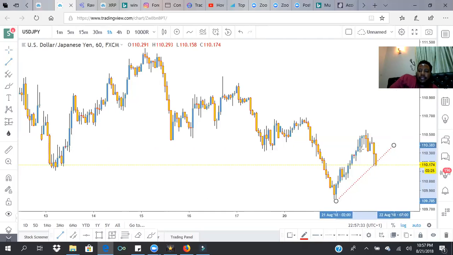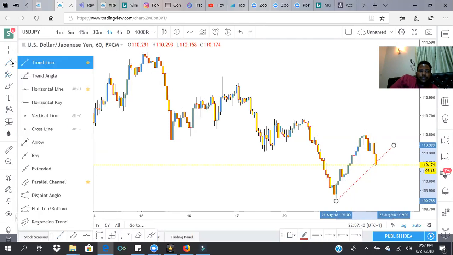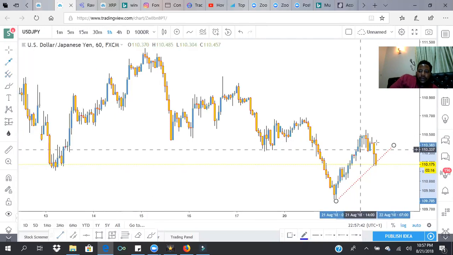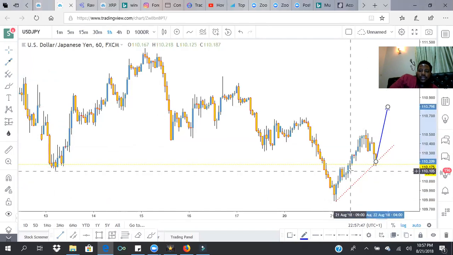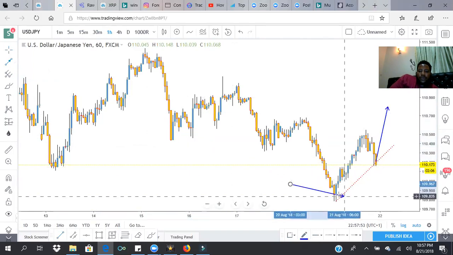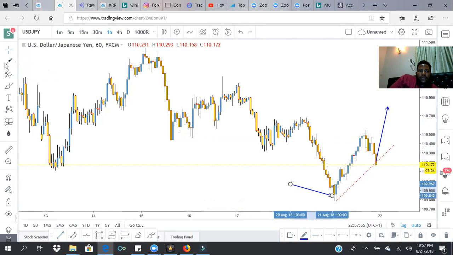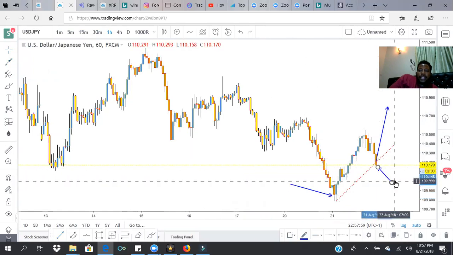Now, if there is a bounce off this price, let's say the price gets to move in this direction. Here now we'll be having what? First low, second low, and then we'll be projecting a high.